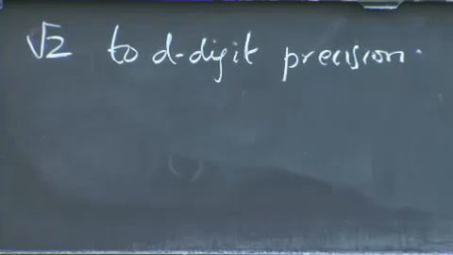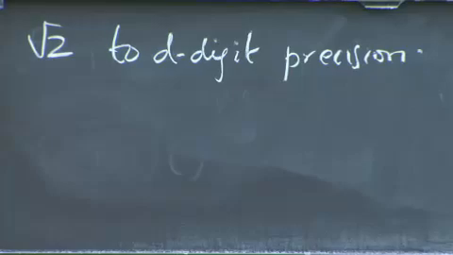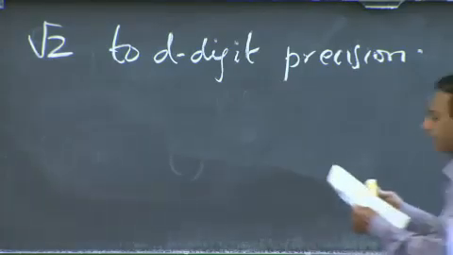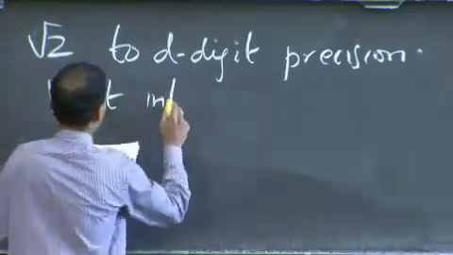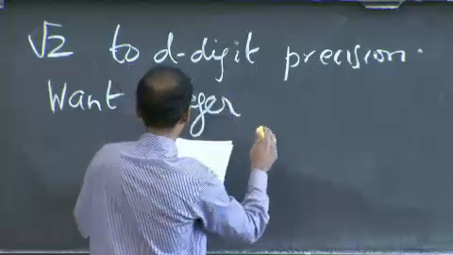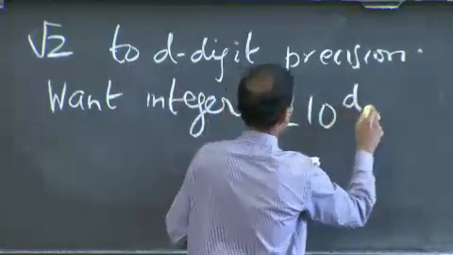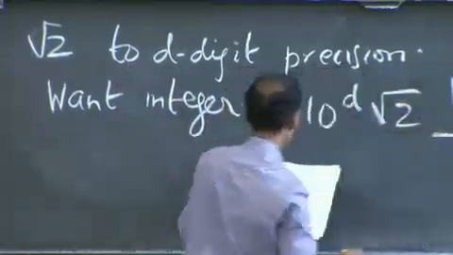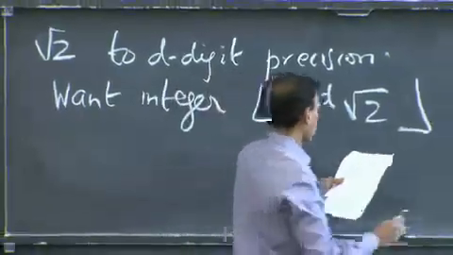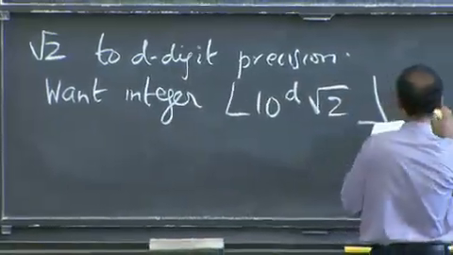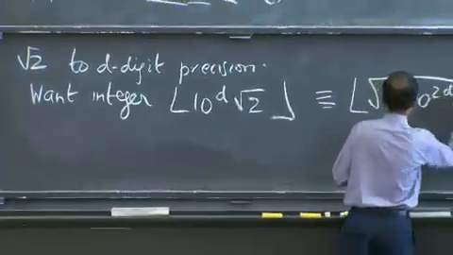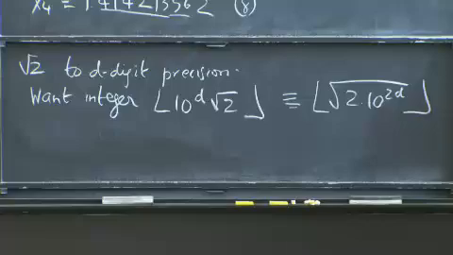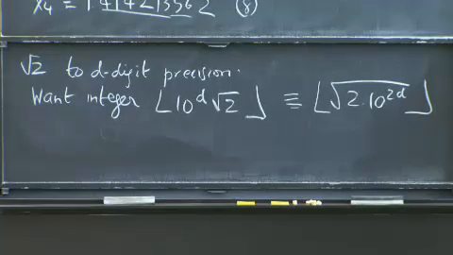In the case of your problem set in RSA, we're going to have 1024-bit numbers, maybe 2048. So we know d beforehand. And so what we want is an integer, the floor of 10 raised to d times the square root of 2, which is essentially the same as the square root of 2 times 10 raised to 2d.